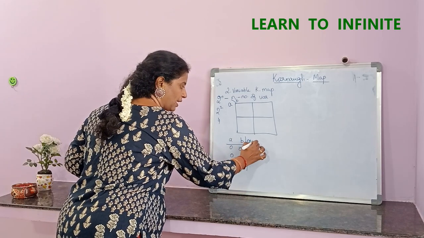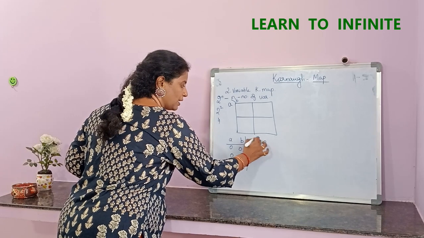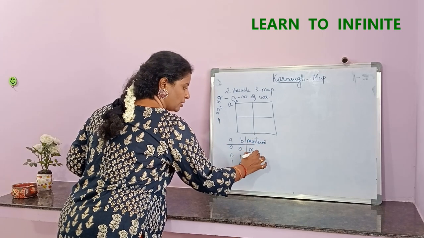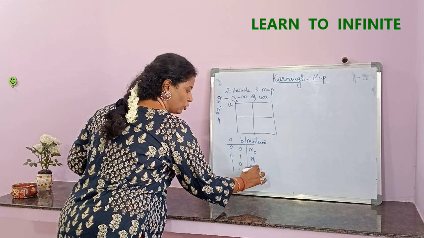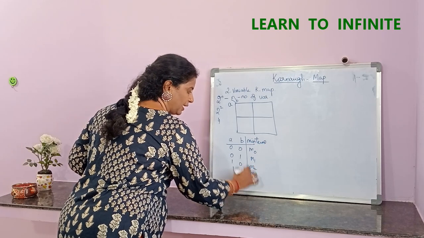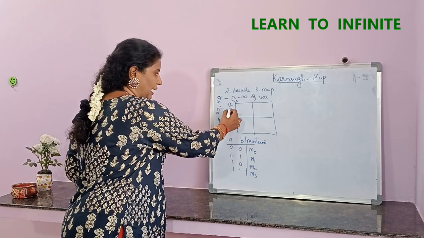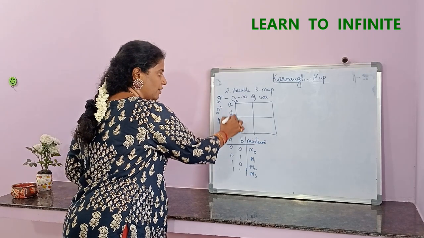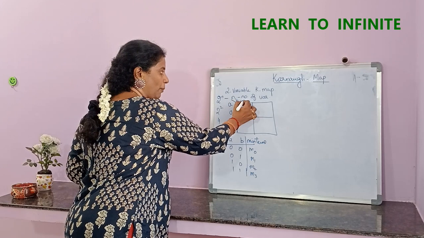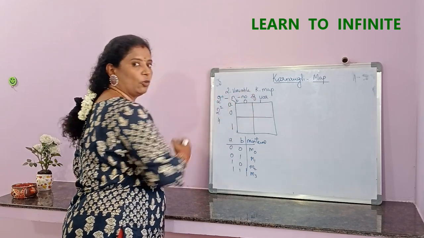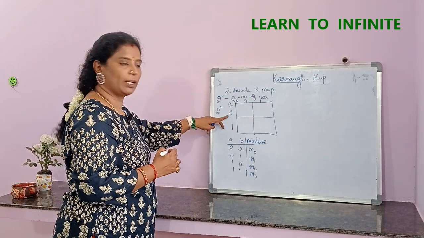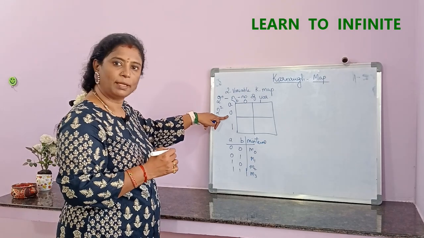So the minterms, the product terms, will be M0, M1, M2 and M3, right? So M0 to M3. Now the total combinations for A are 0 and 1, and the total combinations for B are again 0 and 1. So what does this 0 represent? 0 represents the complementary value.